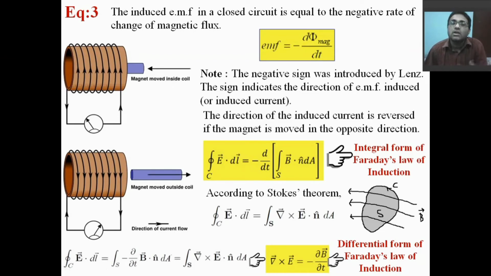In that case the area will be more. So if the area changes with time, or the magnetic field magnitude or direction is changing with time, then the magnetic flux is changing due to the magnetic field and also the area.